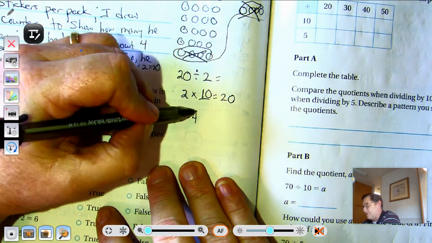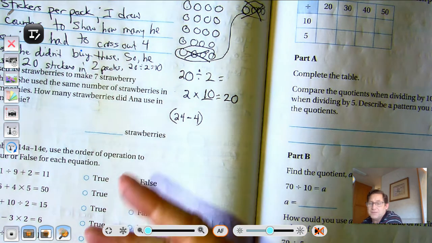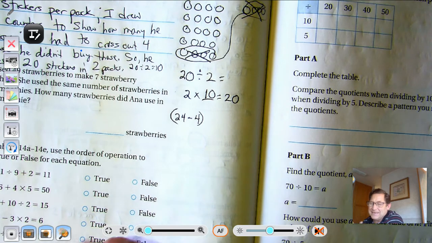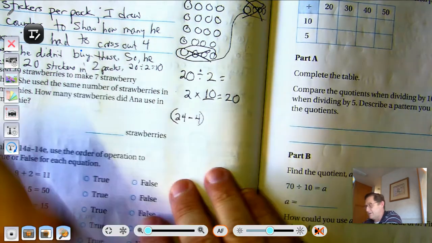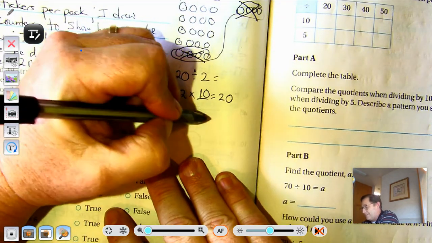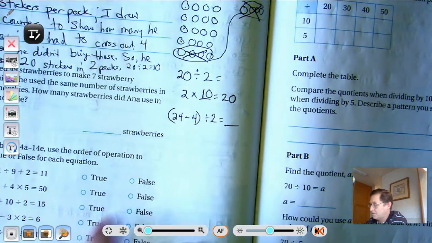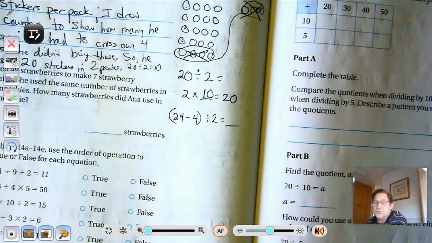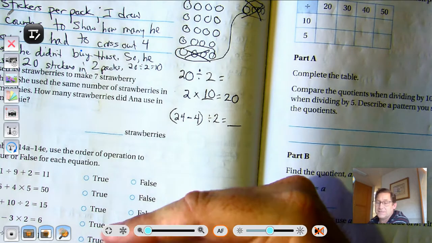Technically, we'd have to put parentheses around that because we have to do the subtraction first in this case. It's not really something that we've talked about in solving this problem, so I probably would just go with the picture, but this is what it would look like. 24, remove the 4 he was given, and then divide it by 2. Remember, parentheses is what we have to do first in that order.